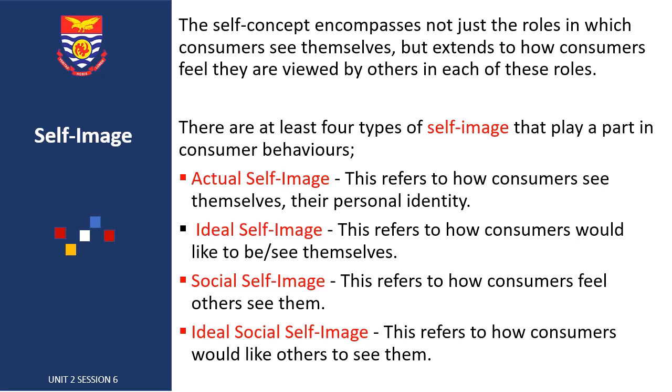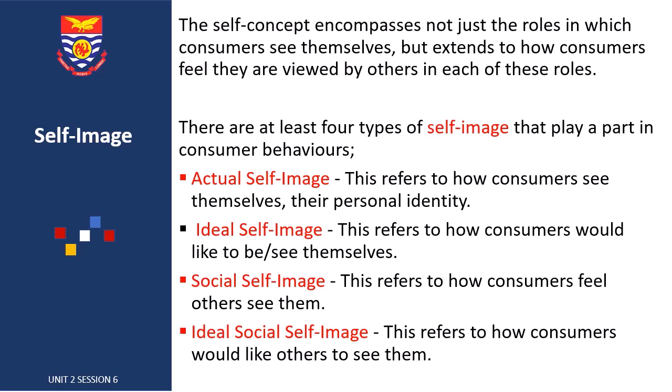Then we have the ideal social self-image. This refers to how consumers would like others to see them. This one is not the social self, where they perceive how others see them. It basically talks about how consumers would like others to see them.